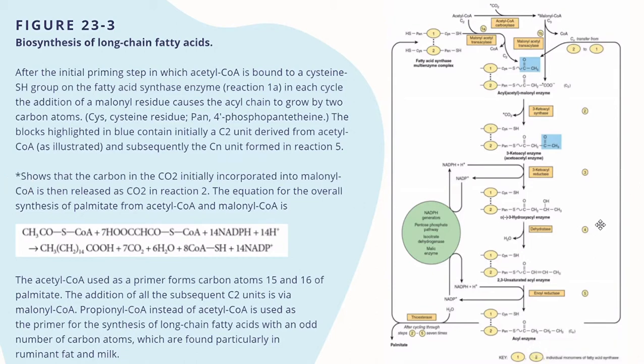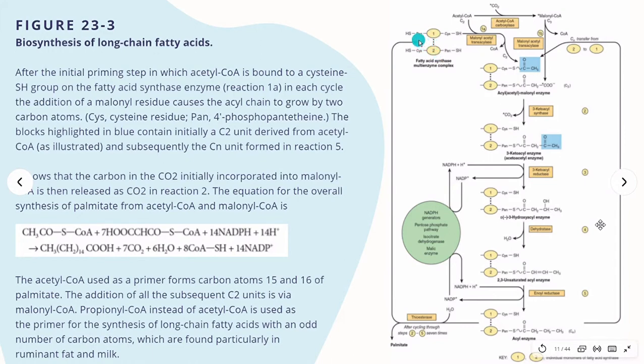Now, the SH group is found in two places. One is with pantothenic acid. So that's it, pan. And another SH group through your cysteine. There is an SH in the amino acid cysteine, and you have an SH in pantothenic acid.